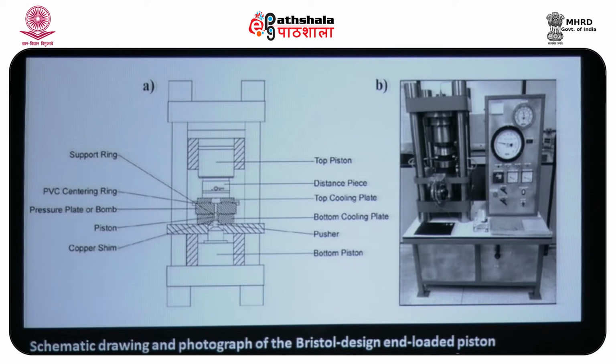So that is why the instrument we use for studies, at least to a depth from 0.3 GPa to 50 GPa, and remember 1 GPa is 10 kilobar, is something called the piston cylinder. Out here on this figure what you see is a schematic drawing and a photograph of an end loaded piston cylinder.